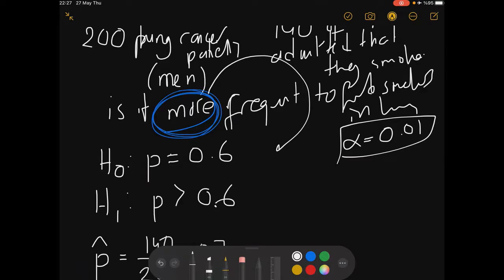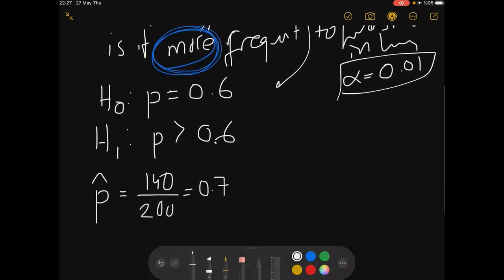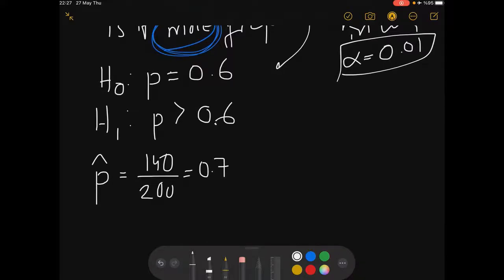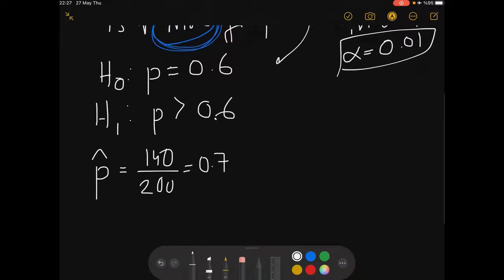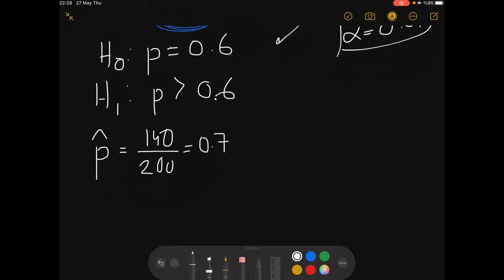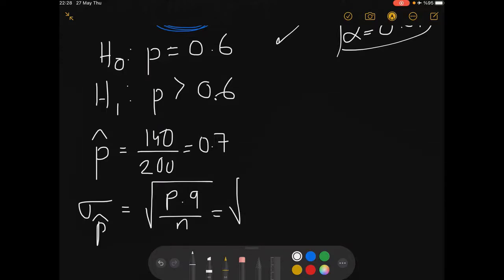So the thing is, your sigma p-hat is the square root of pq over n, which is what you have here.